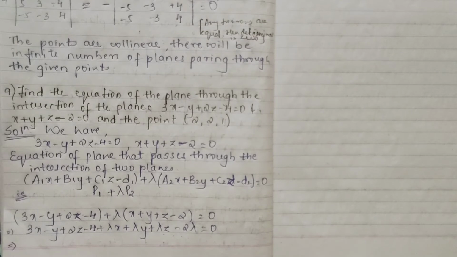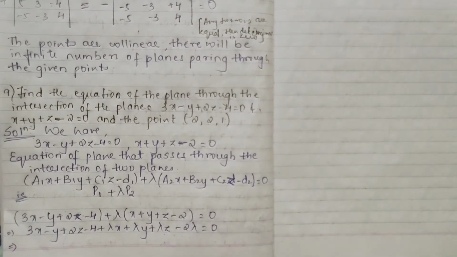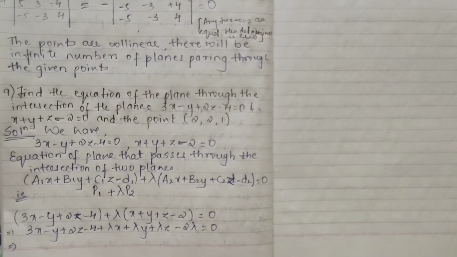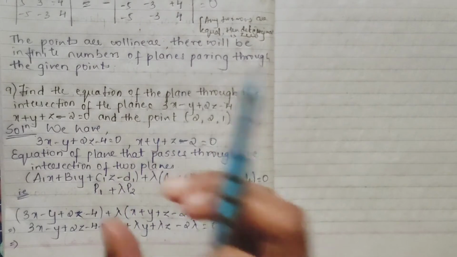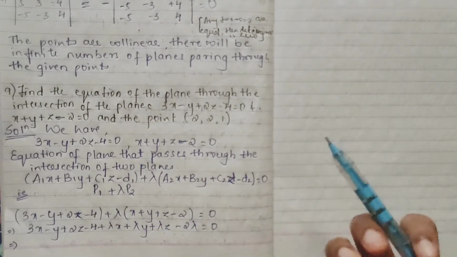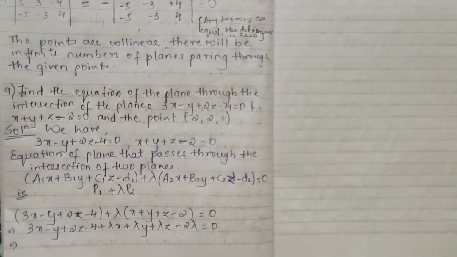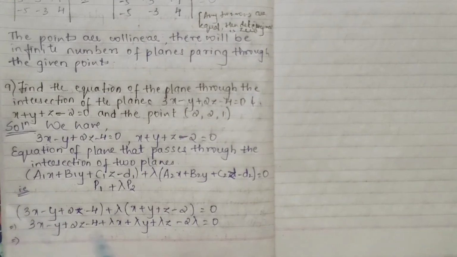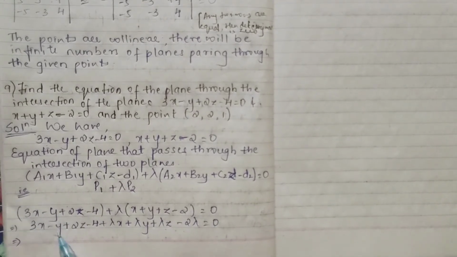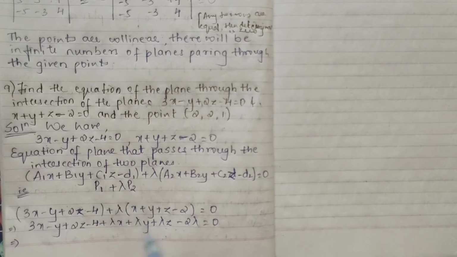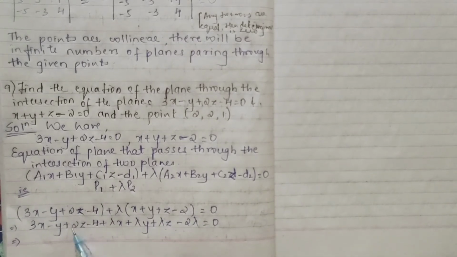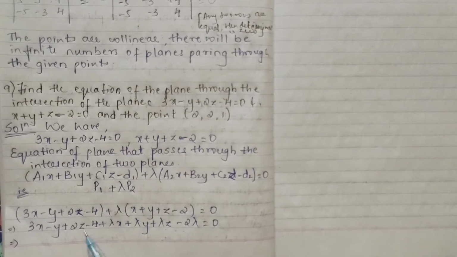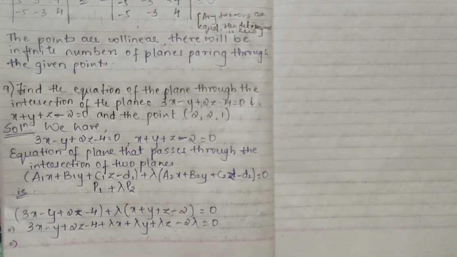Now, the next step: here it is 3x, y, z and d, so we will group our x, our y, our z and our d part. It becomes 3 plus lambda times x, then minus 1 plus lambda times y, then plus 2 plus lambda times z, minus 4 minus 2 lambda.